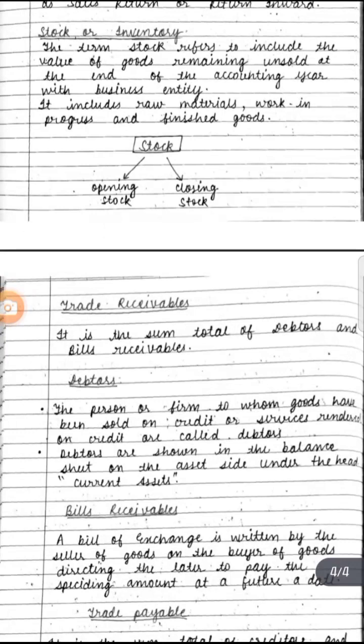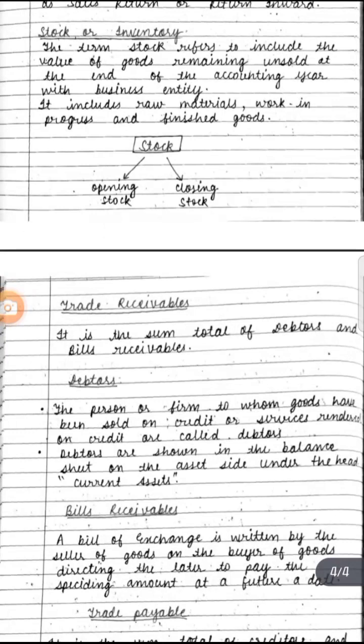Trade payables. Trade payables are the combination or sum total of creditors and bills payable. Creditors are the persons from whom we have purchased goods or services on credit basis. Creditors are shown on the liability side. Bill payable.